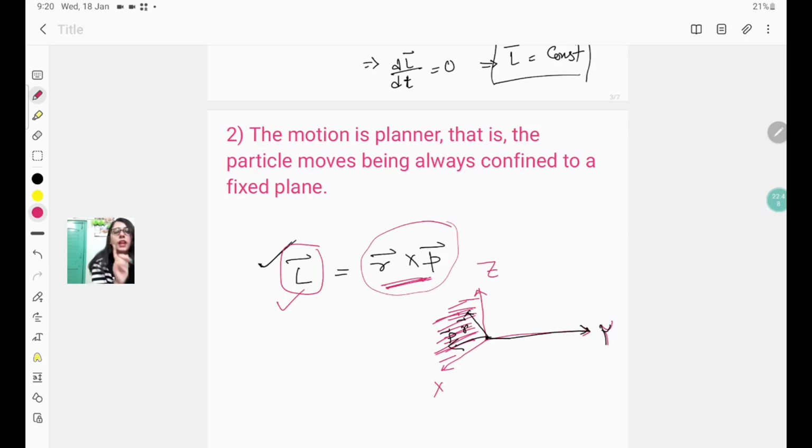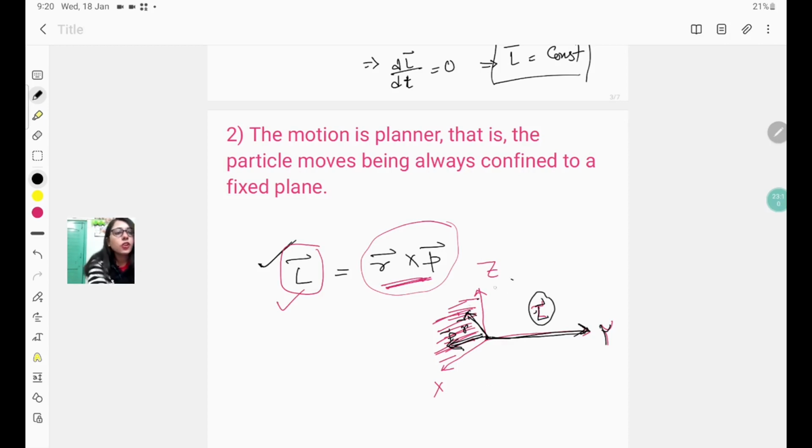As L is constant, that is, the direction and the magnitude of this vector L is constant, that means this plane is also constant, because if the perpendicular is constant, that means this plane becomes a constant.